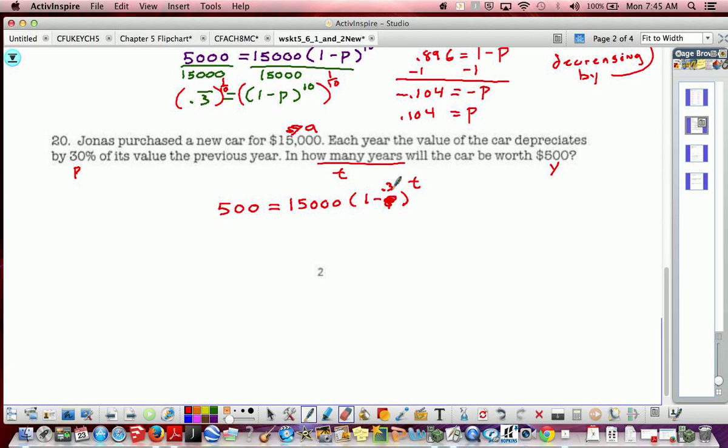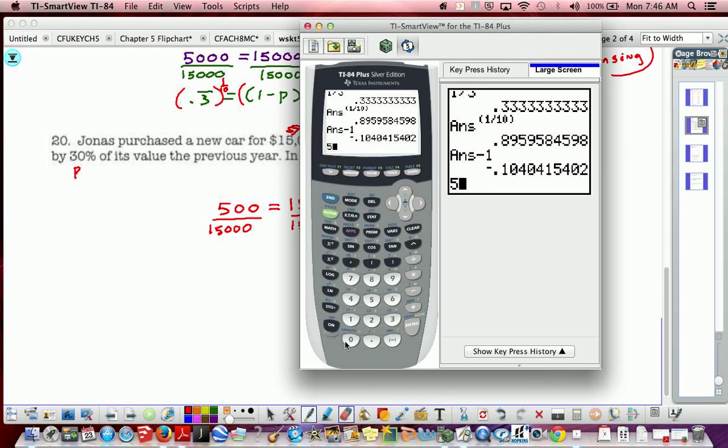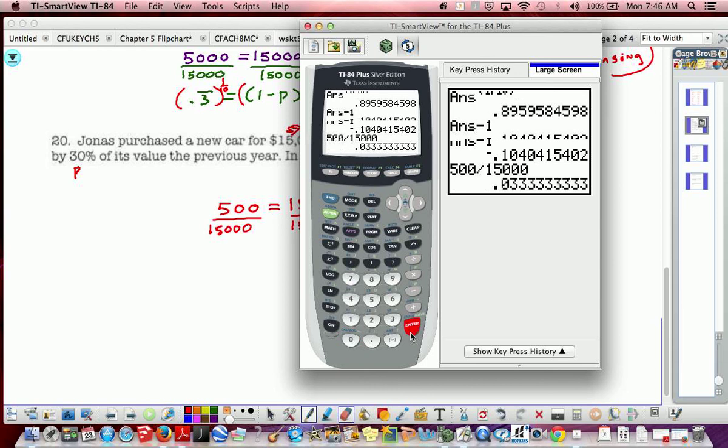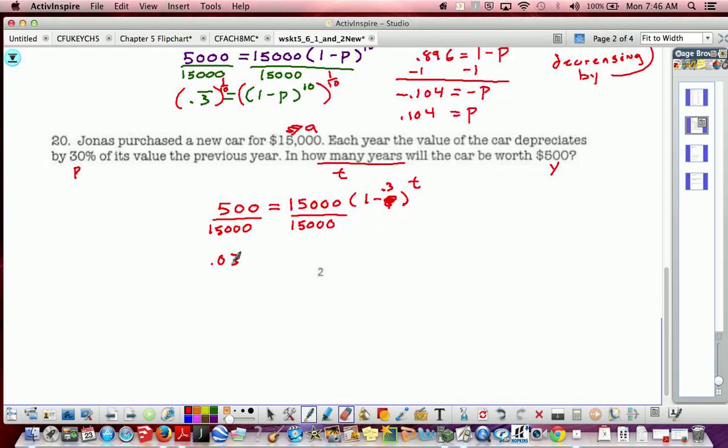So if I divide both sides by 15,000, 500 divided by 15,000 is 0.03 repeating, equals, I can look at this as 0.7 to the T, 1 minus 0.3. So now I can write it like a logarithm.